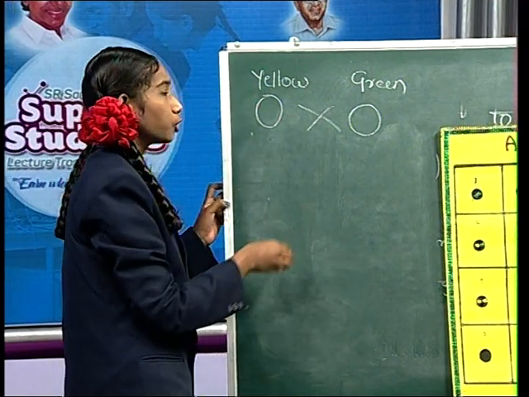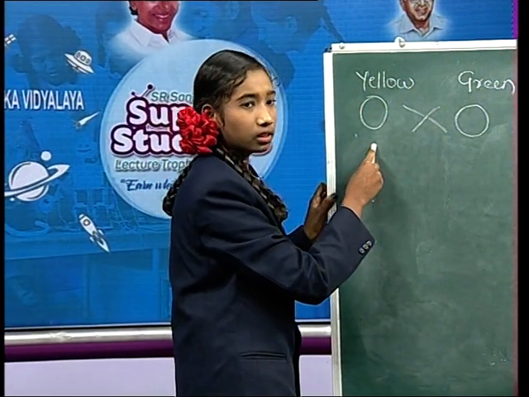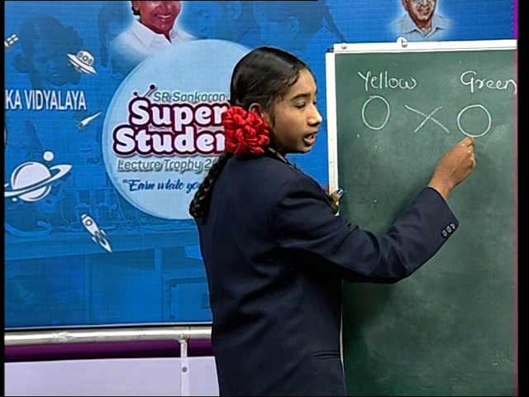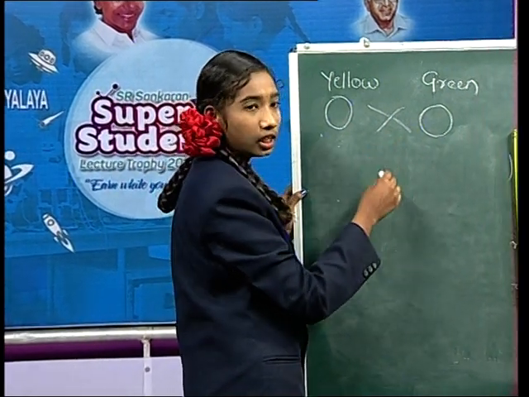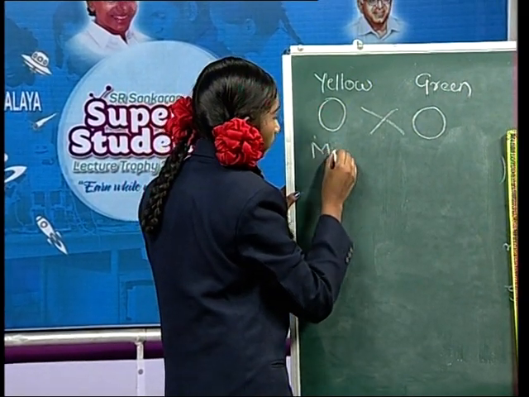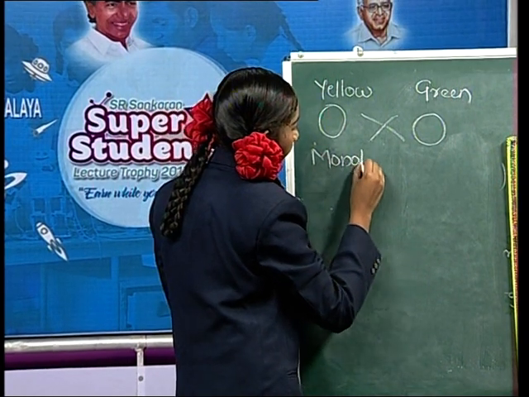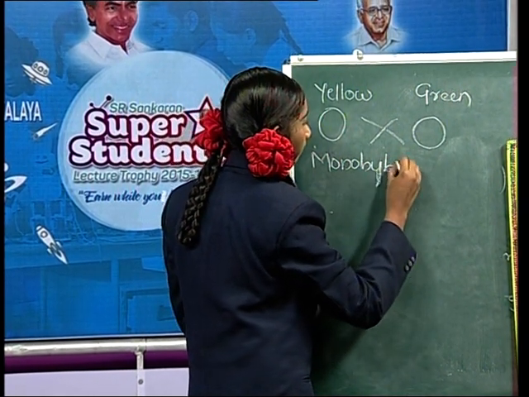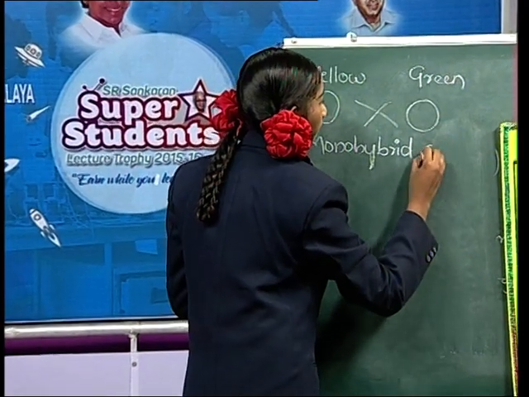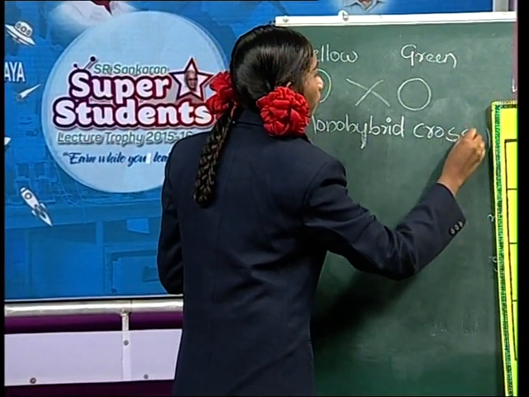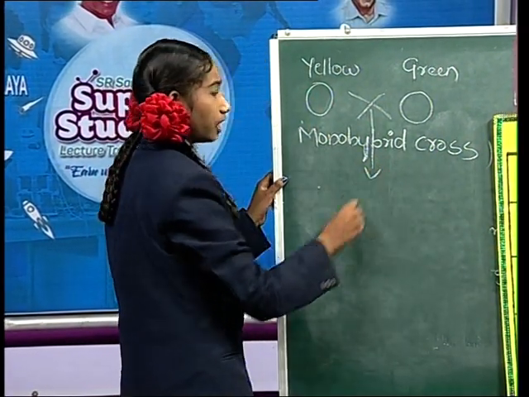Mendel crossed pure yellow seed giving plants with pure green seed giving plants. This cross is known as a monohybrid cross. Friends, then he got the first generation.